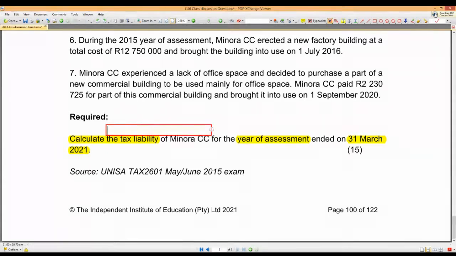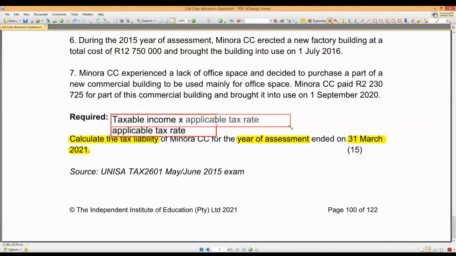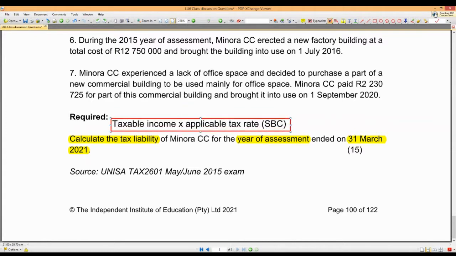That's correct. So it's the taxable income multiplied with the applicable tax rate. Now, when we get to the top of the information, you will see it is a SBC, so that would mean we are applying the SBC tax rate for this question, which is a sliding scale.